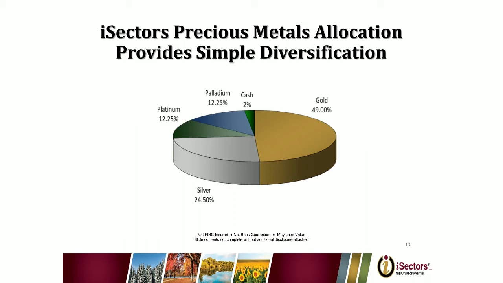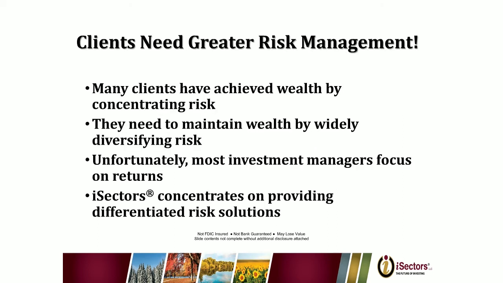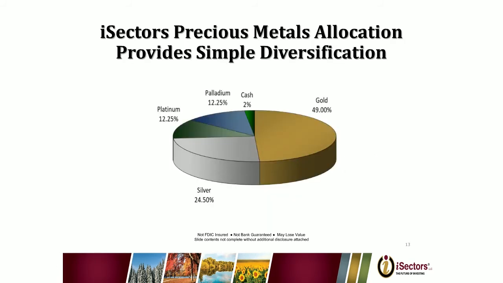So a great place to start with the iSector solutions is the iSector precious metal strategy. The precious metal allocation has had the best results for the first quarter of this year and over the past 12 months of all 21 iSector allocations.